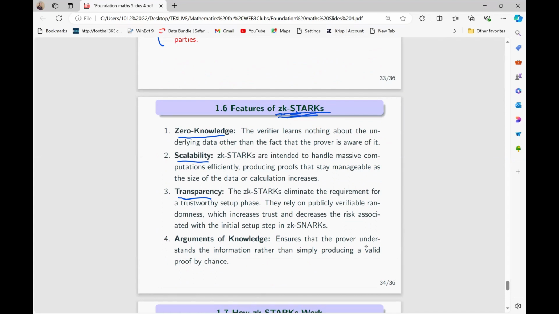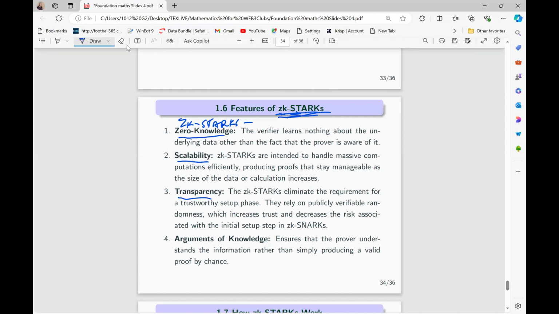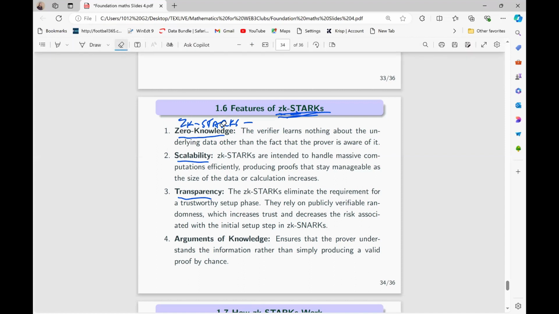That is ZK stacks is an abbreviation, and this abbreviation stands for zero knowledge, scalability, transparency, and argument of knowledge. So then I went to what each of those letters stand for.